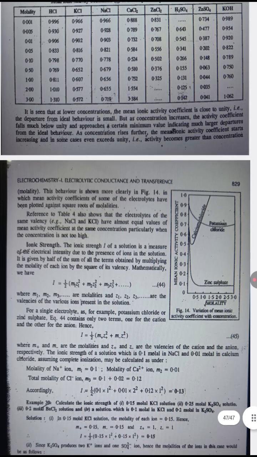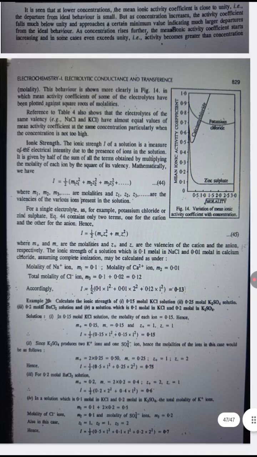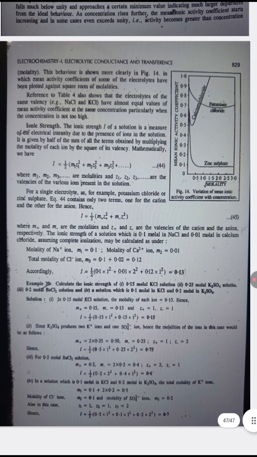It is seen that at lower concentration, the mean ionic activity coefficient is close to unity, that is, the departure from ideal behavior is small. But as concentration increases, the activity coefficient falls much below unity and approaches a certain minimum value, indicating much larger departures from the ideal behavior. As concentration rises further, the mean ionic activity coefficient starts increasing and in some cases even exceeds unity, that is, activity becomes greater than concentration.